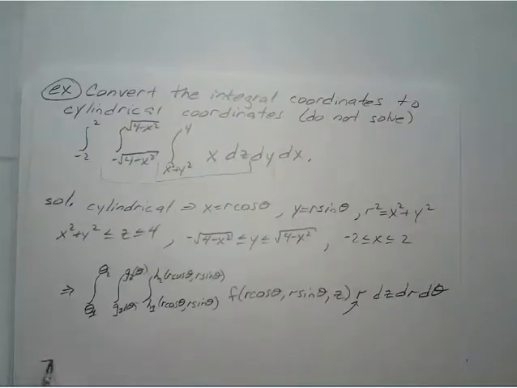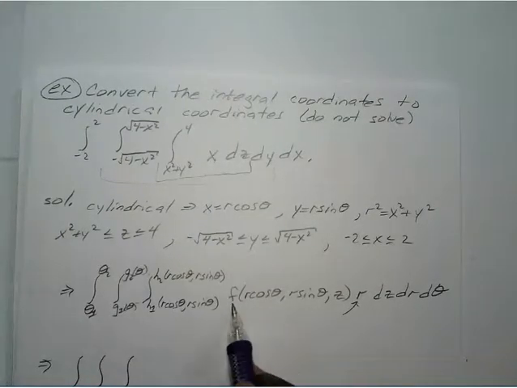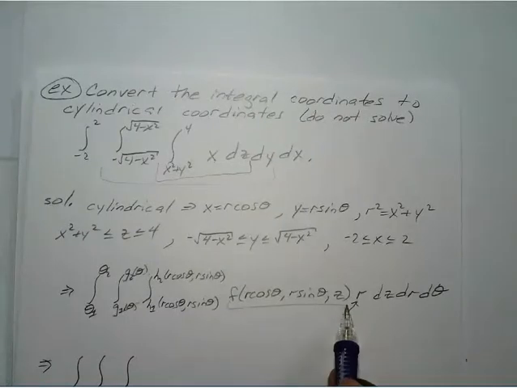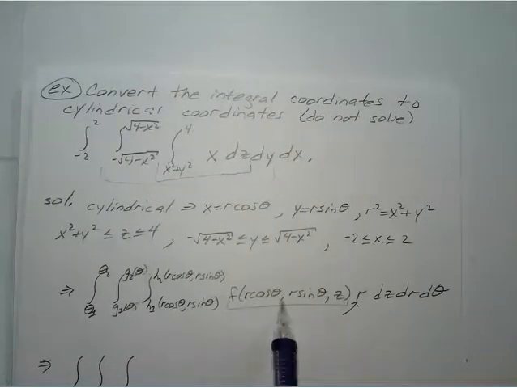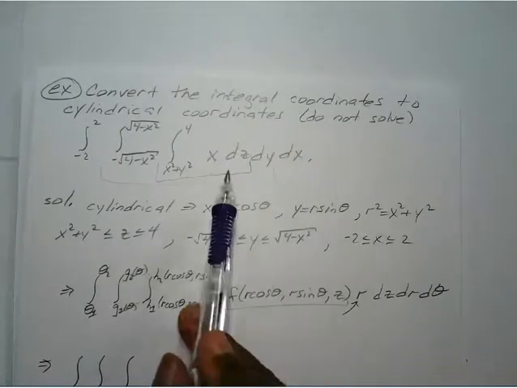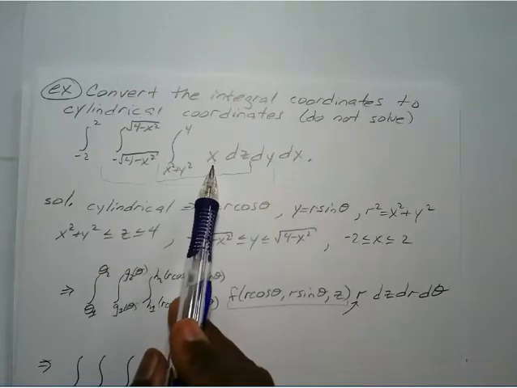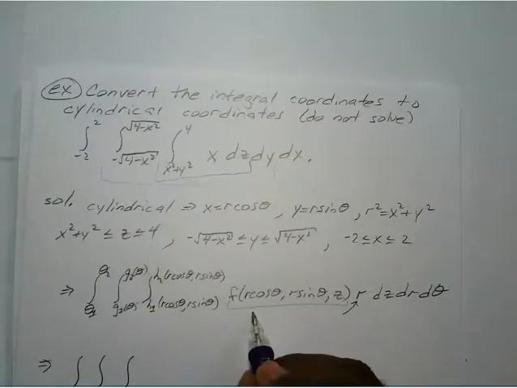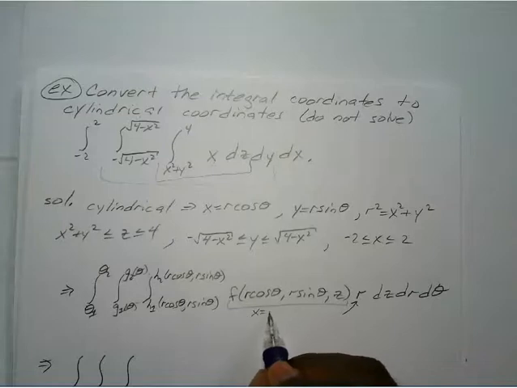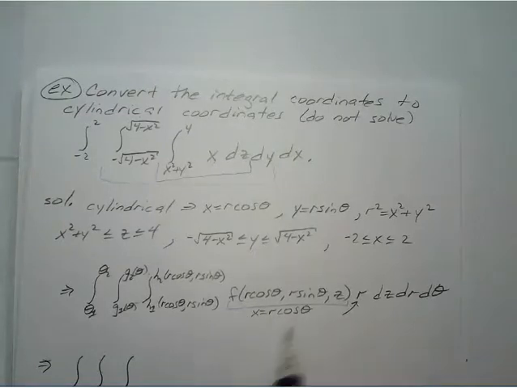So we want to go ahead and convert. I'm just going to write our integrals here. Our f of r cosine theta, r sine theta, z is just x. But remember, x is equal to r cosine of theta.